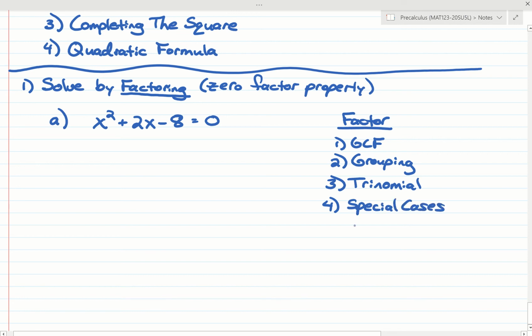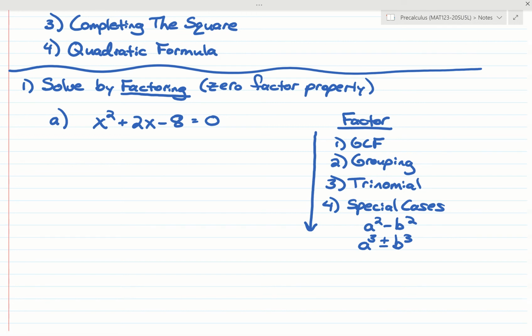With special cases, we look for a difference of squares and a sum or difference of cubes. And there was supplemental material available for this. But factoring is the most important thing in math, and we always factor by starting with the GCF, then we go to grouping, and that's how we do it.